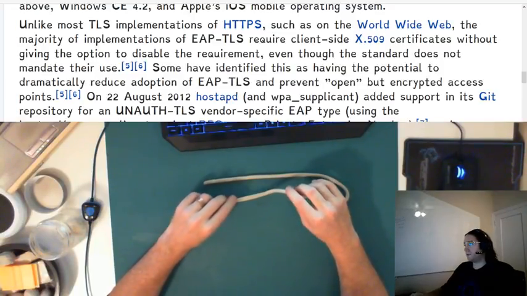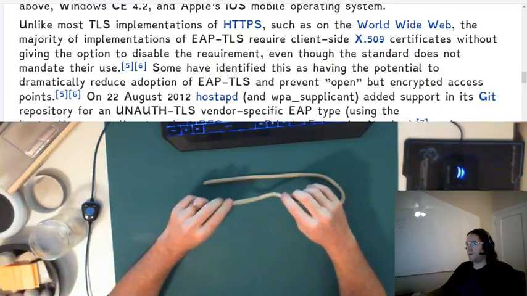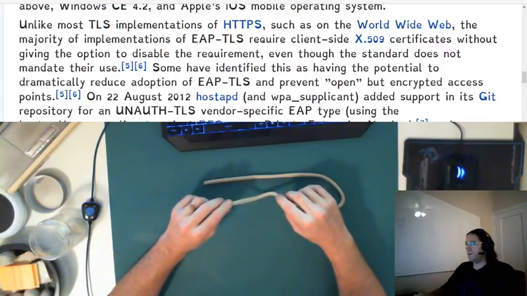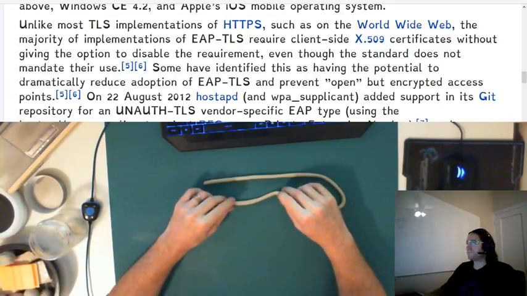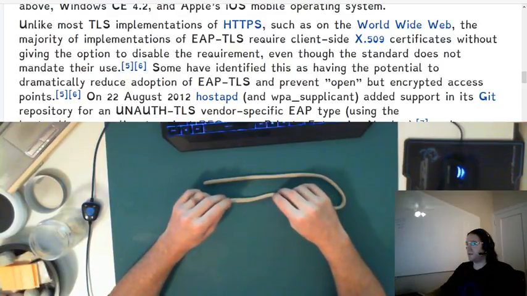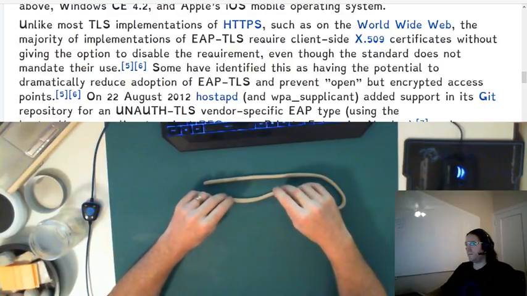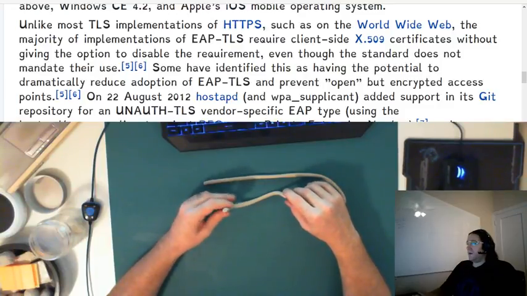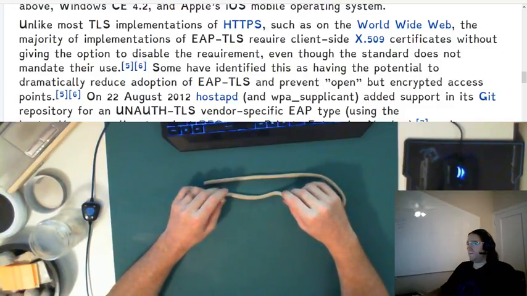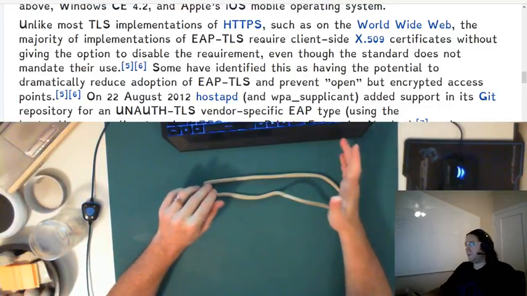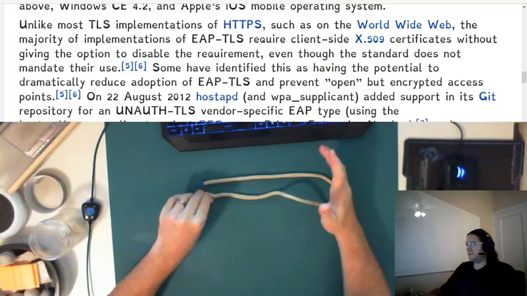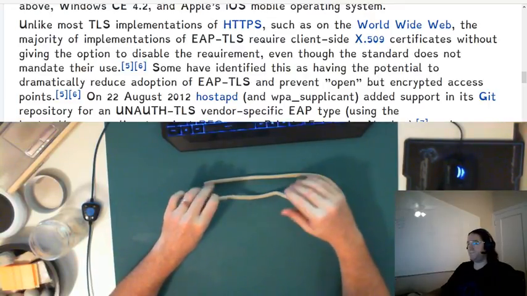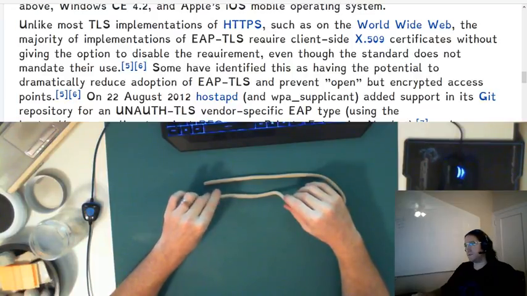The majority of implementations of EAP-TLS require client-side X.509 certificates without giving the option to disable the requirement, even though the standard does not mandate their use. So you need the certificate for TLS, but you don't need to use it. Okay, that makes sense.